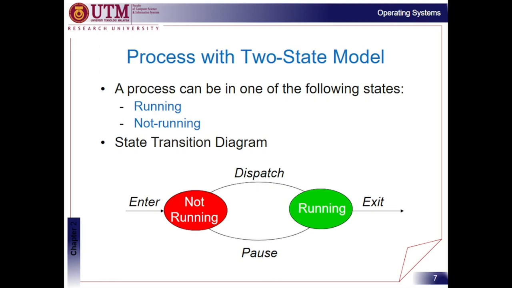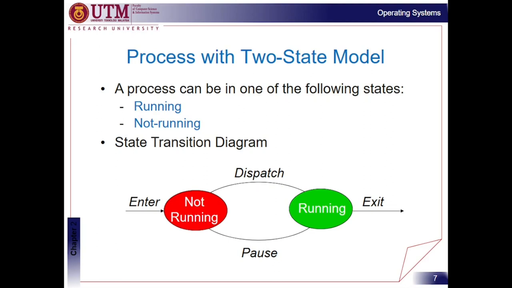There are three possible transitions, which are: first is the dispatch. This means that the CPU selects a not running process and assigns it to run on the CPU. The process changes its state from not running to running. Second is pause.